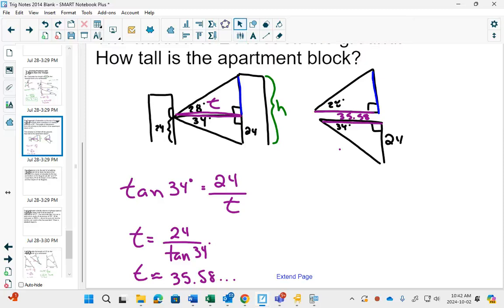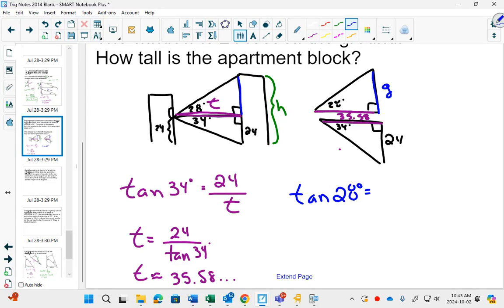So now I can solve for the blue side. Kara, pick the letter for the blue side. If I choose that letter to be G, now I can solve for that because I have two pieces of information. SOHCAHTOA, I look at my angle, I want to find the opposite side, and I know the adjacent, so I'm going to use tan again.